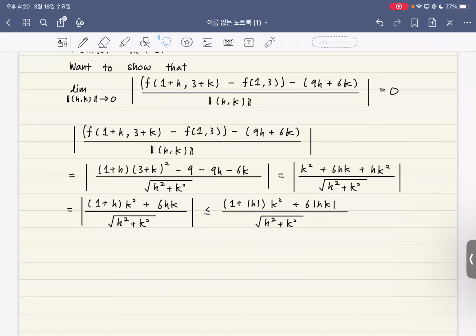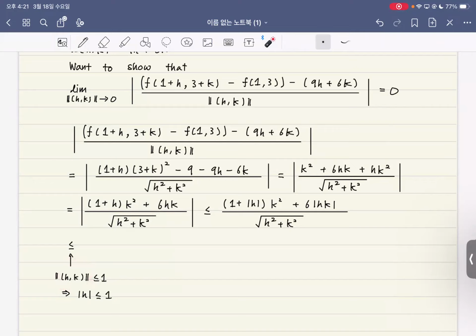Here I want to assume something. I want to assume that the length of this vector is less than or equal to 1, because we are talking about the case when the length of this vector is very small, so it is very reasonable to assume that. Then in this case, the length of the first coordinate also must be less than 1, right?